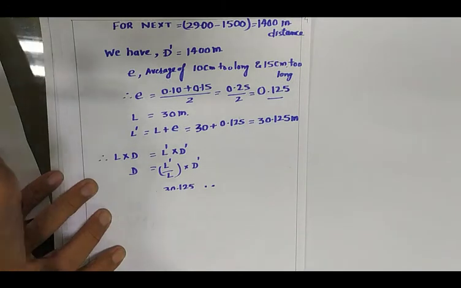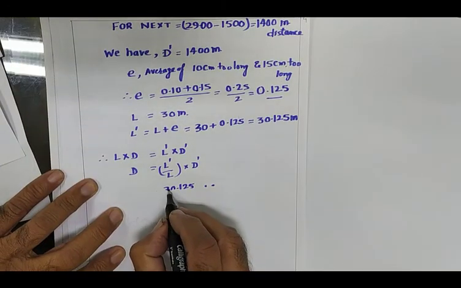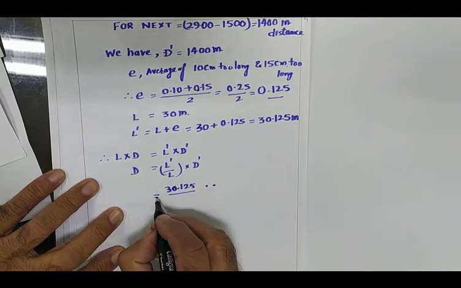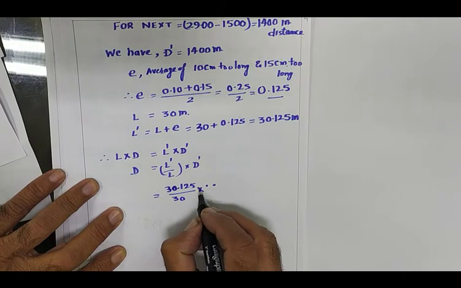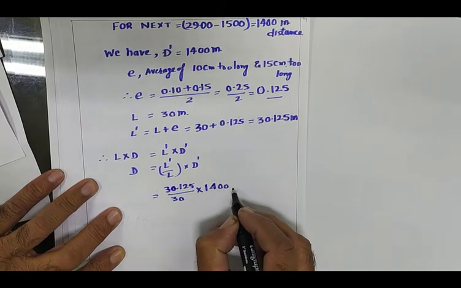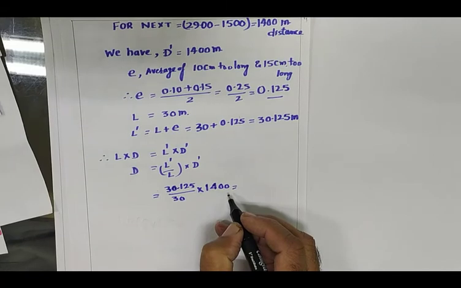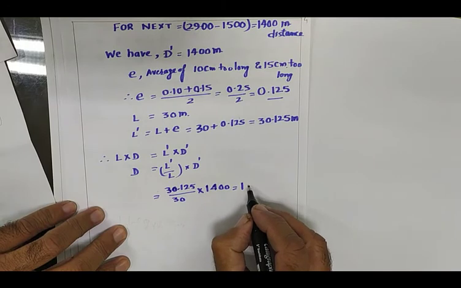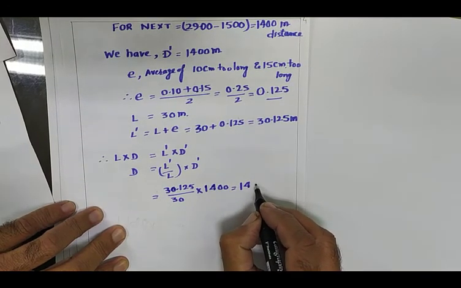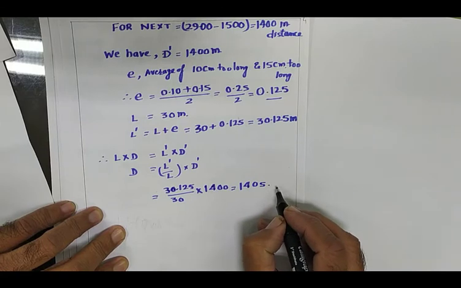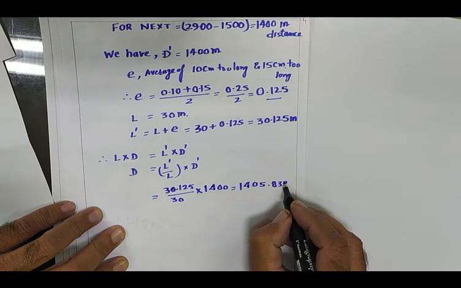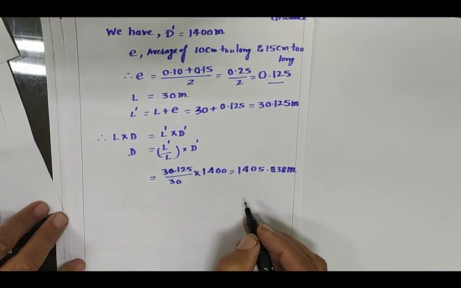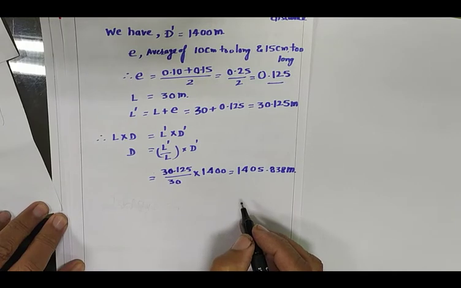So this comes to be 30.125 divided by 30 meter into 1400, and after calculation this comes to be 1405.838 meters. This is the actual distance when the chain is 15 centimeter too long.